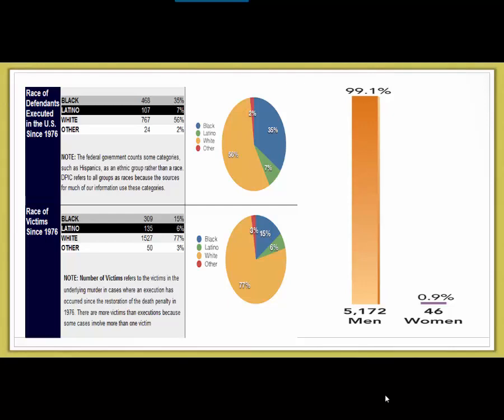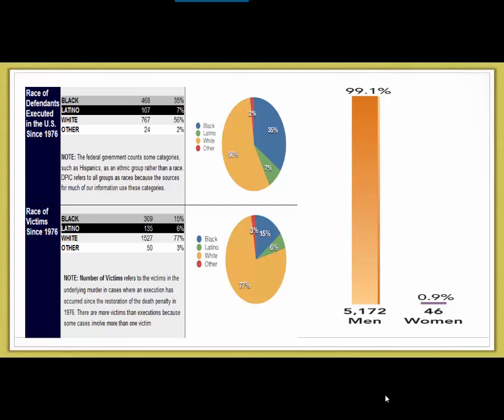When we look at the race of the defendant, African Americans are once again overrepresented, 35% versus their 13% of the population. Whites are slightly underrepresented at 56 to 64. But what also seems to quite matter is who your victim was.